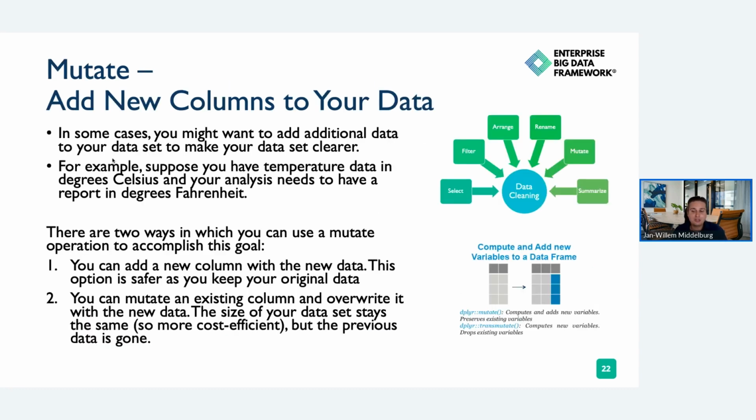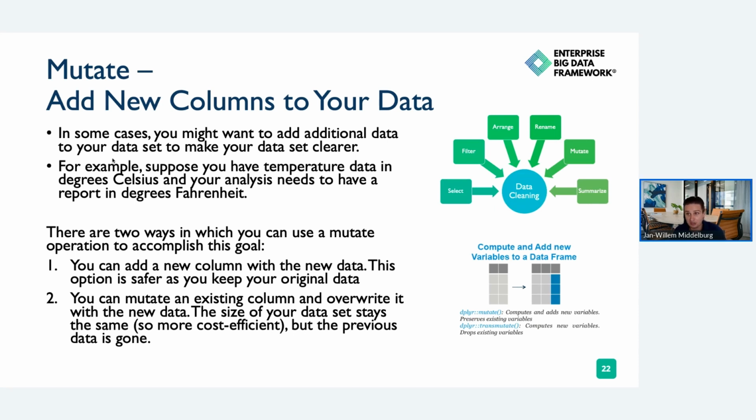Good. Then we get towards the 2 most advanced parts. Mutation means adding new columns to your data. If it's new columns that have data that is completely different, you could make a case that this is already moving towards data wrangling. A very common approach is, for instance, to change the metrics that you're looking at.